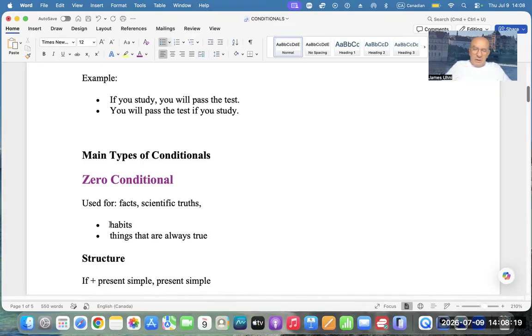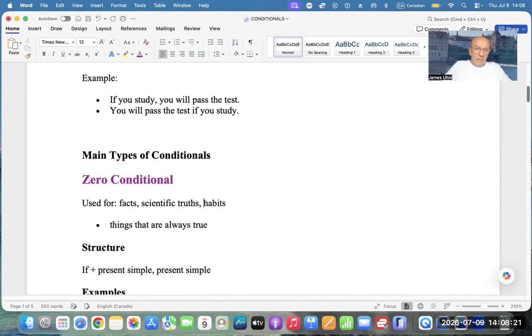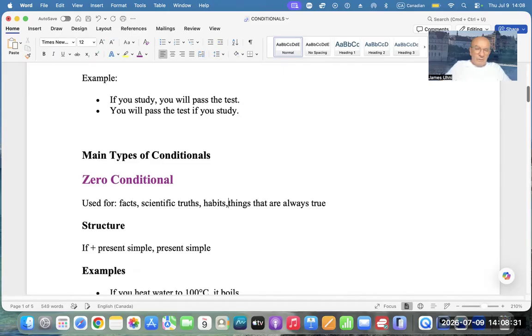Habits. What are habits? Habits are things that we do all the time and are truthful to our life. And we use these conditionals for living and non-living things. Okay? The structure is very simple.